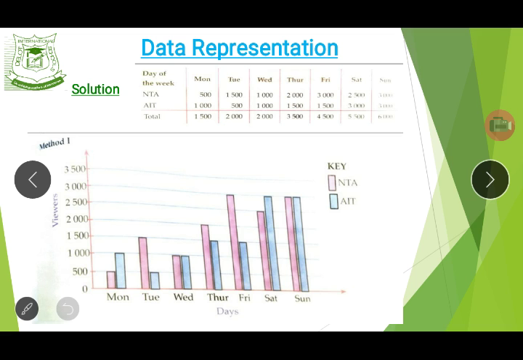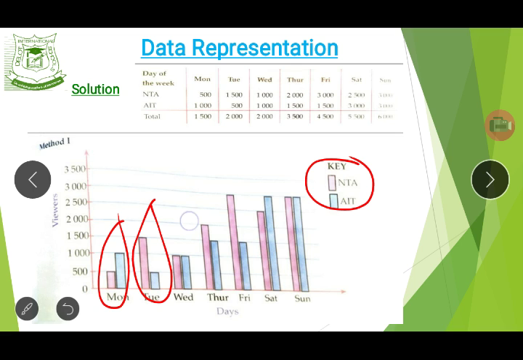You are just drawing the two values for NTA and AIT together for each particular day, with about 0.1 centimeter in between them. All right, so that is how the representation is.